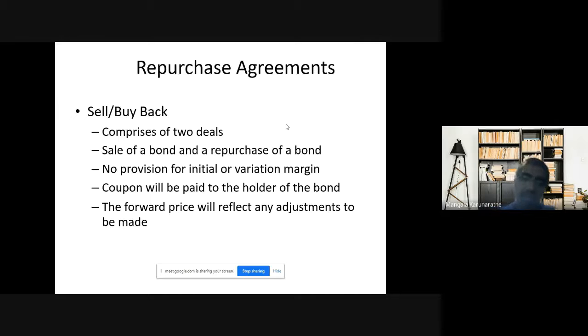So those are the adjustments, but you need not worry very much about sell and buyback, because anyway we don't have them in the market very frequently, or I haven't seen them for quite some time.